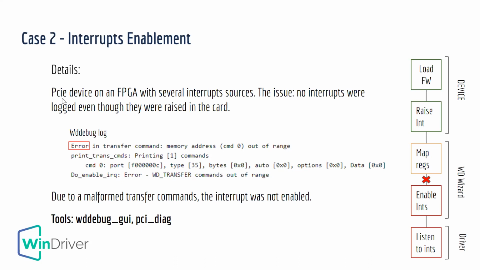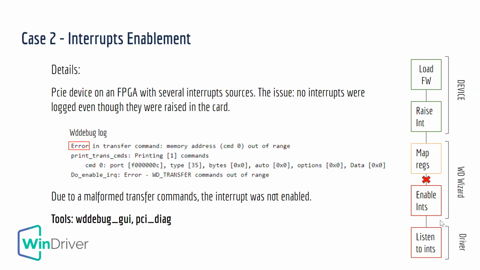So in this case, the developer used an FPGA with several interrupt sources. Okay, now if we look at this scheme, the developer expects to raise an interrupt in the device, for the interrupt handler to listen to the interrupts, and then to see the logs. Okay, the driver should listen to interrupts and then print out in the log that the interrupt was raised.